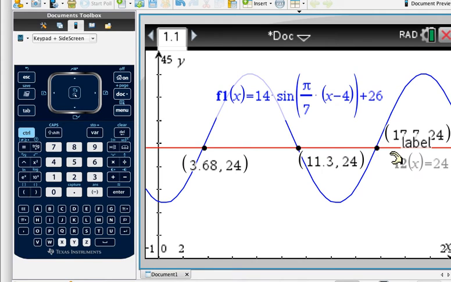Okay, so right here, some of you might be saying, okay, what time is 3.68? Well, 3.68, your hour is 3 hours, so it's going to be 3 a.m. And then the 0.68 is the portion of an hour.